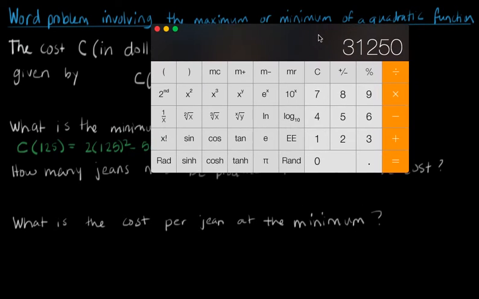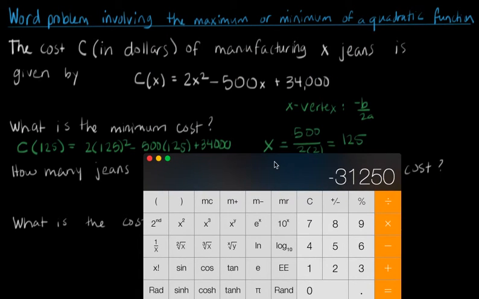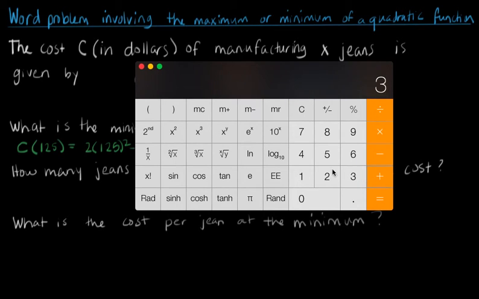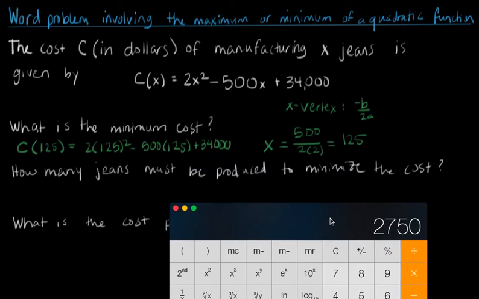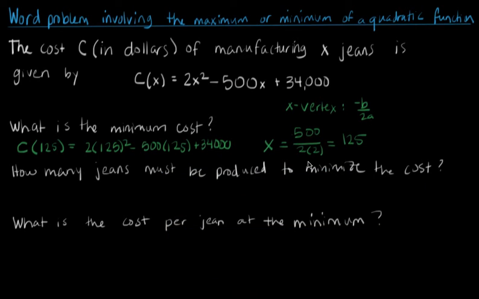And then we're going to subtract 500 times 125. And then we're going to add 34,000. Okay, so this should work out to be 2,750. That's the minimum cost.